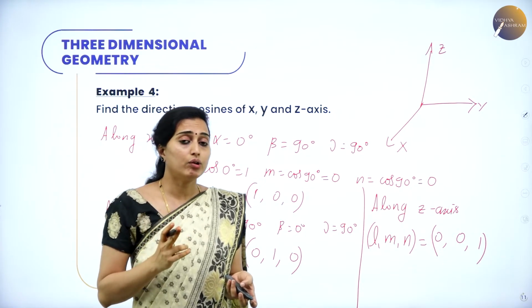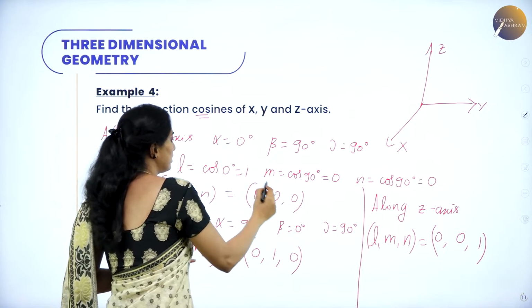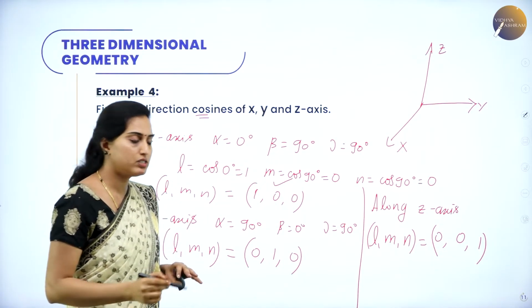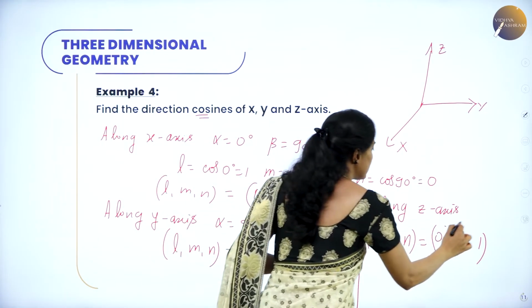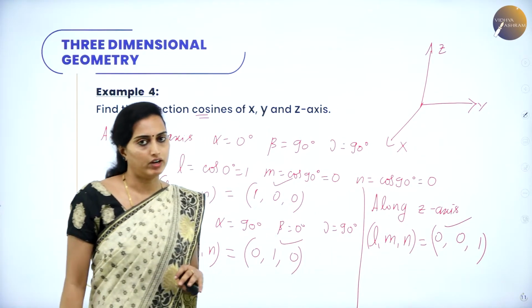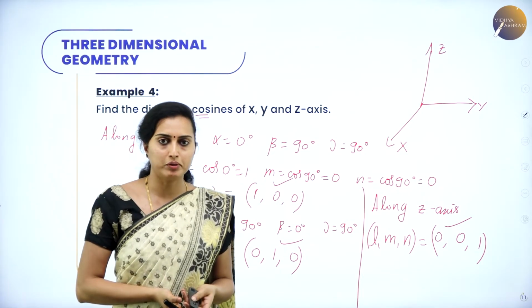That's it. They are going to ask this for 1 mark, each. Along the x-axis it is 1, 0, 0. Along the y-axis it is 0, 1, 0. Along the z-axis it is 0, 0, 1. That's it. Okay. I hope you understood this problem also.